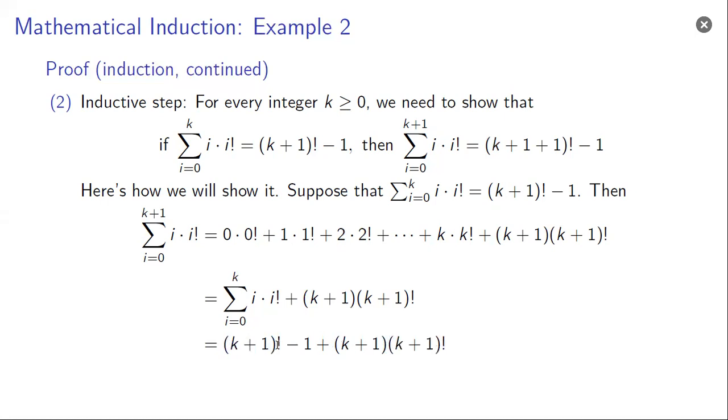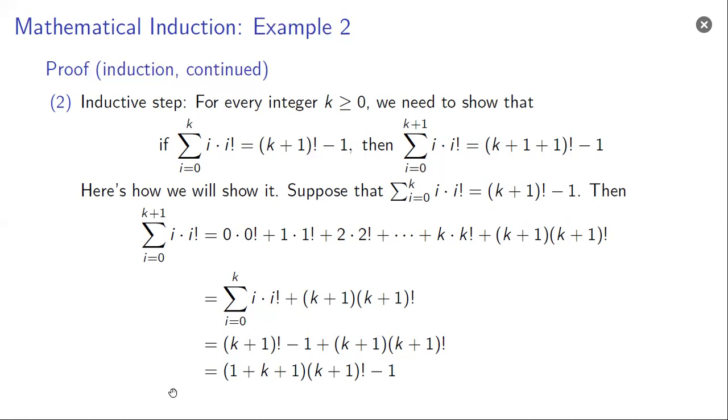Here we have (k+1) factorial being multiplied by 1, and here we have (k+1) factorial being multiplied by (k+1). So I can factor it as follows: 1 plus (k+1), times (k+1) factorial, and then of course we can't forget about the minus 1. So we have minus 1 outside.